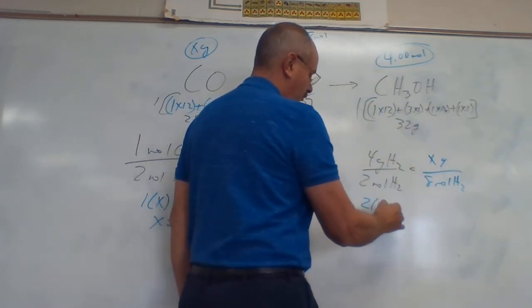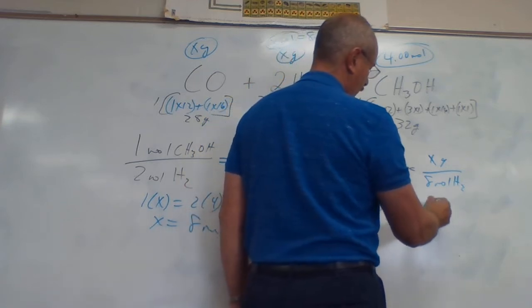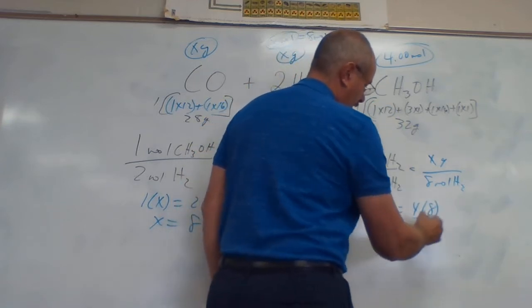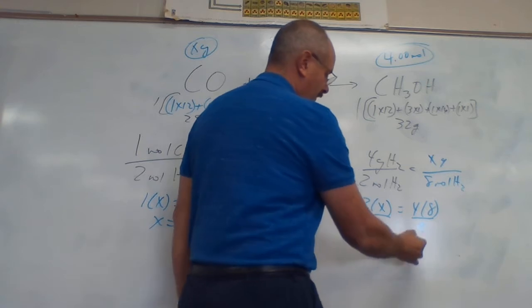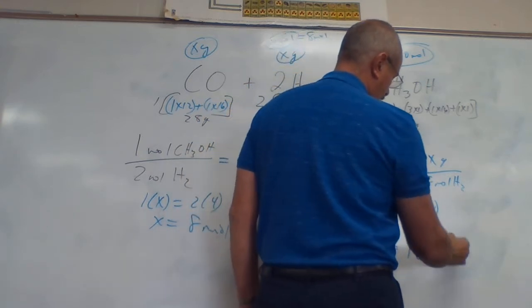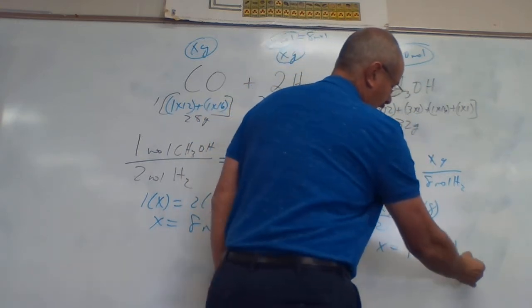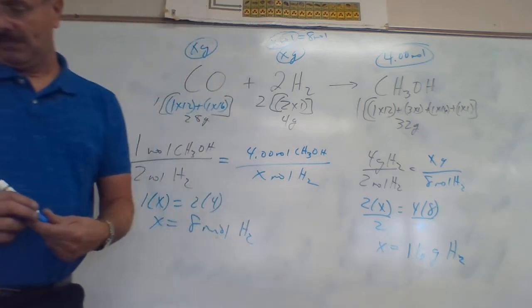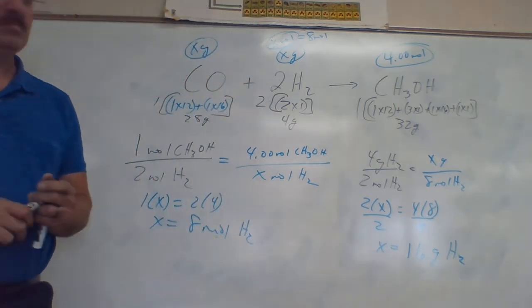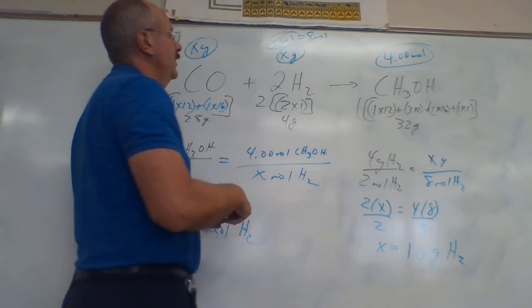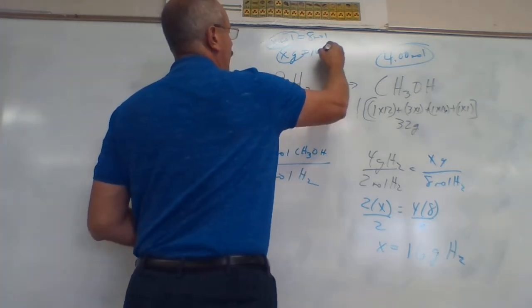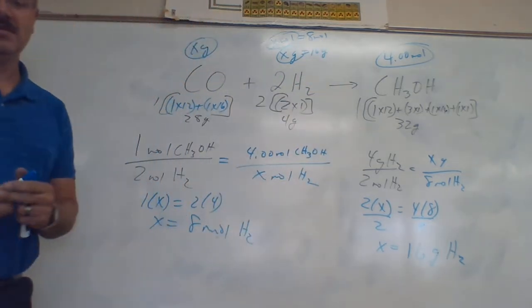So X times 2 equals 4 times 8. Divide by 2, divide by 2, and X ends up equaling 16 grams of H2. That's my answer. Great. So we know now that this right here is 16 grams. Hey, there's one of the answers.